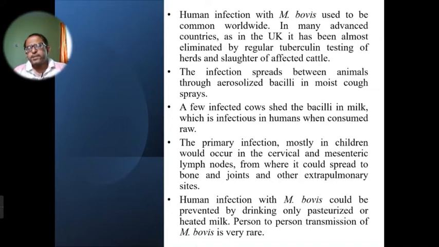The primary infection mostly occurs in children and would occur in cervical or mesenteric nodes, and from there it could spread to the bone, joints and other pulmonary sites. Human infection with Mycobacterium bovis could be prevented by drinking only pasteurized or heated milk.